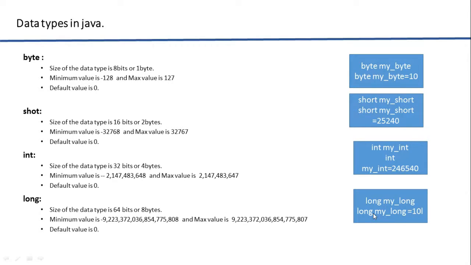We can assign values like this: data type followed by variable name, the assignment operator, and the value. The most important thing is that at the end of the value we need to append L, either small l or capital L. Otherwise, the compiler will treat this 10 as an integer and it will throw a compile time error.